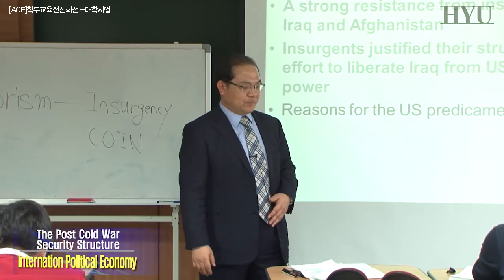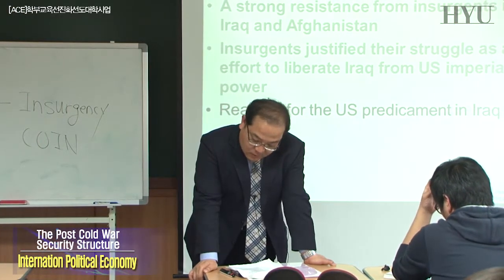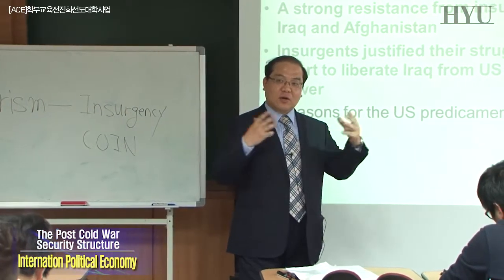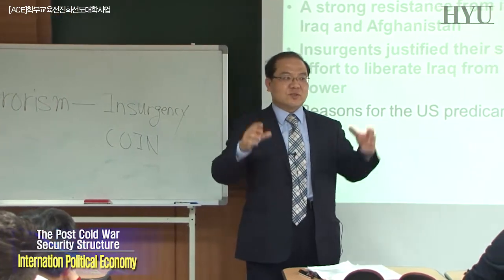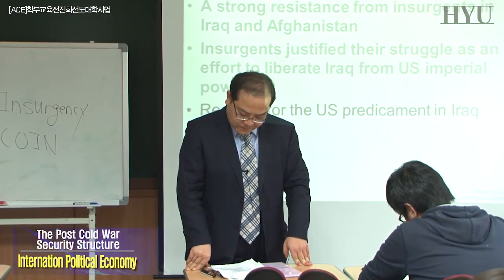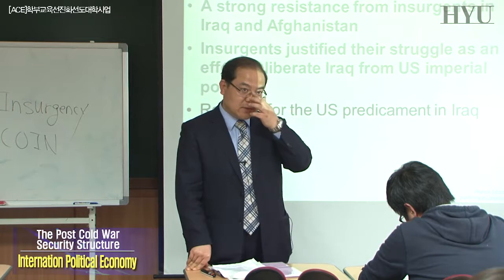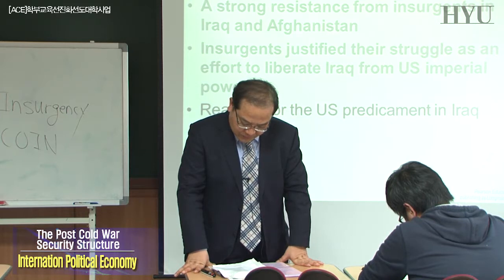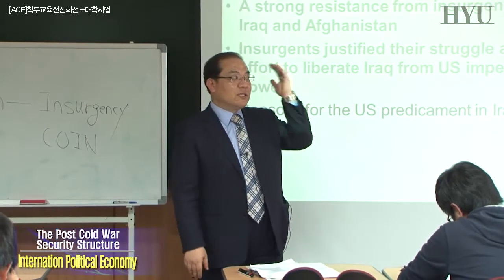It's a wrong policy. Good strategy is to win over hearts and minds. Counterinsurgency is a strategy to win over the hearts and minds of Iraqis or Afghans. It's not just hard power, flexing muscles. It's a more sophisticated strategy. So counterinsurgency gives more attention to religious differences.